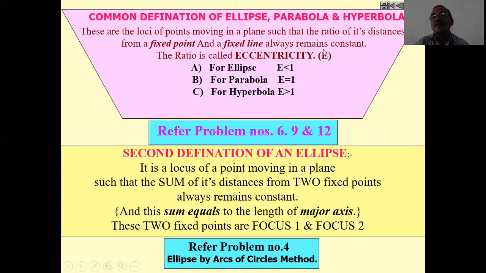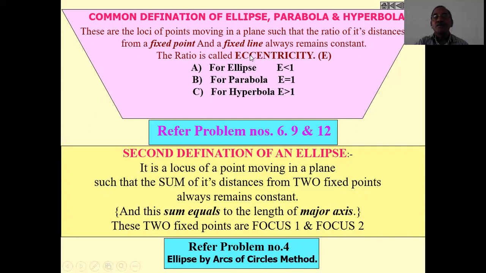Always remember, it is a ratio, with a numerator and a denominator. The numerator refers to the distance of the moving point from the fixed point. Don't get confused; when data is given, sometimes the order may be swapped, and then we'll get into confusion. So always keep in mind: distance from the fixed point should be in the numerator and distance from the fixed line should be in the denominator. That ratio is called eccentricity.